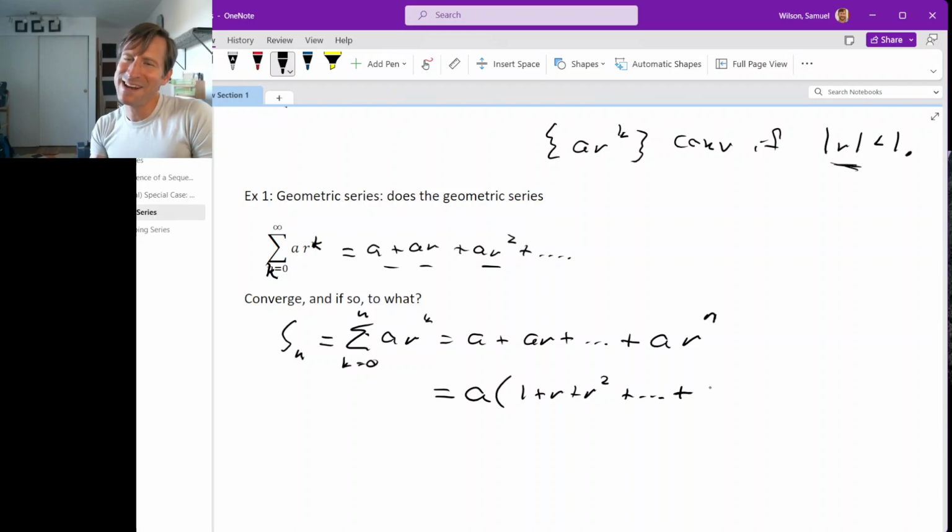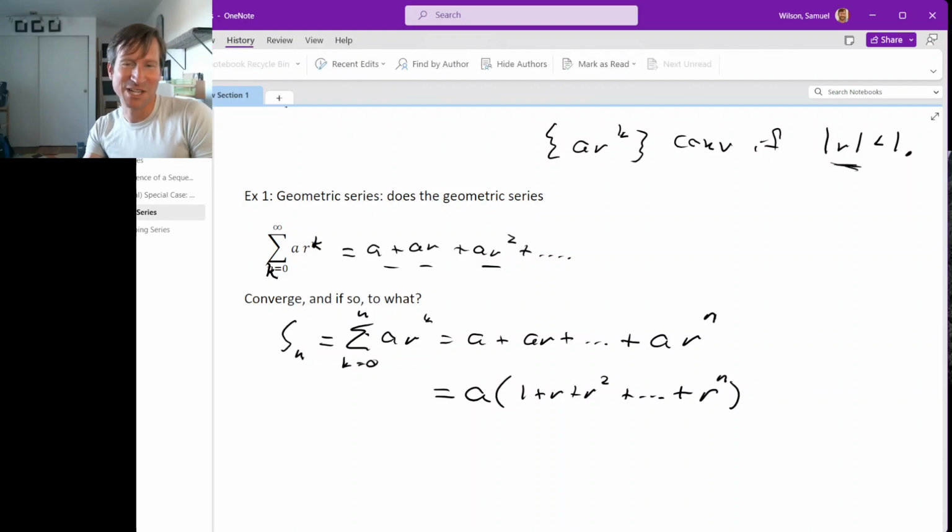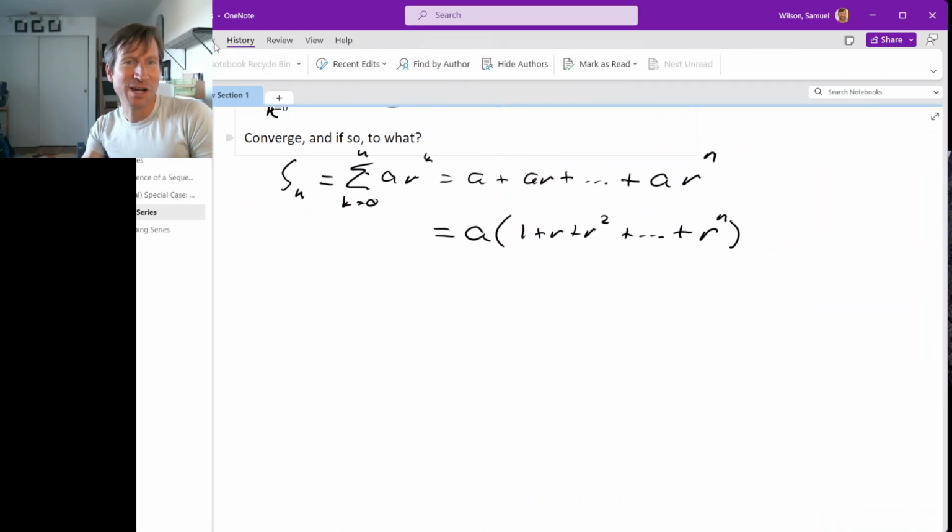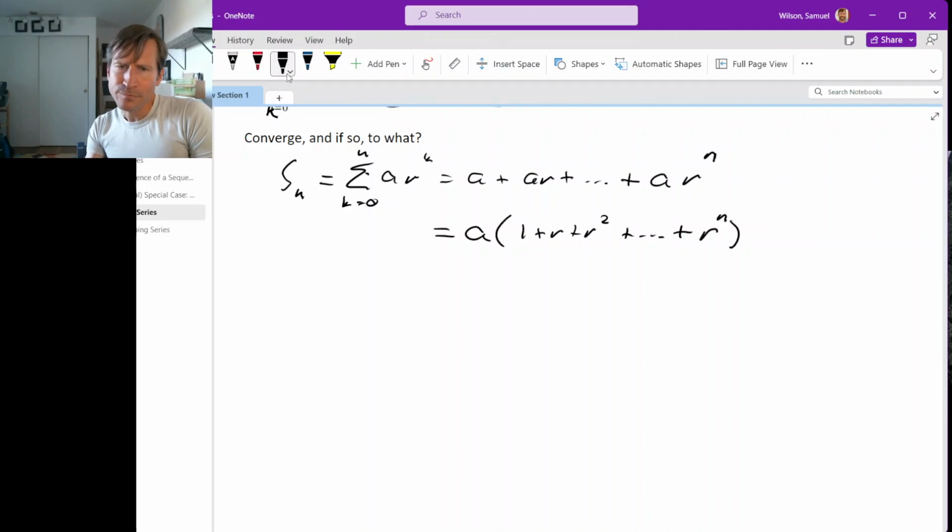And you might have seen this before, but let's go through it again just to make sure that we know how it works. So this sum looks like a polynomial, and it has a nice property: if you multiply this by 1 minus r, let's just compute this.